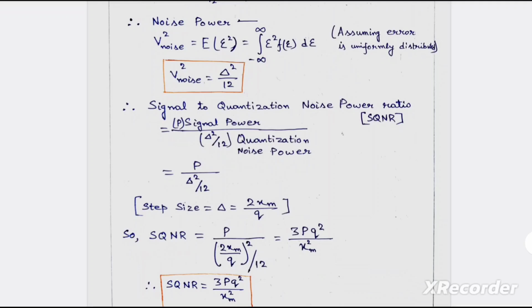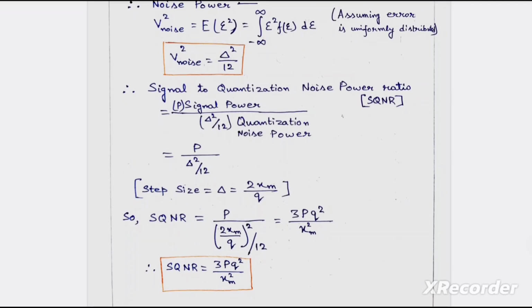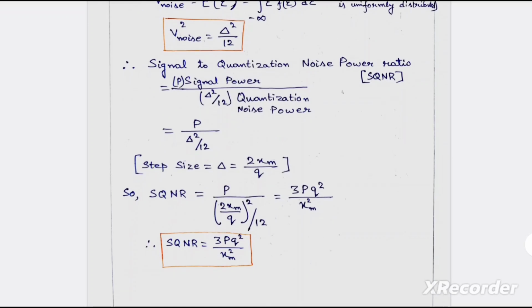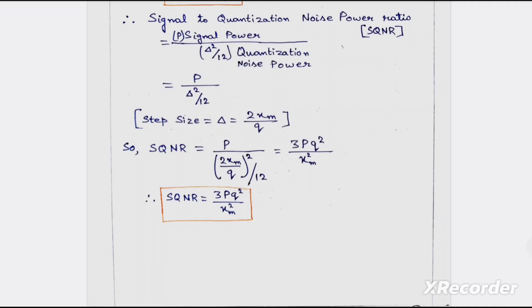Now let's see the signal to quantization noise power ratio, in short SQNR. SQNR is the ratio of signal power to quantization noise power, P divided by del square upon 12. In the earlier section we saw that the step size del equals twice xm divided by q.